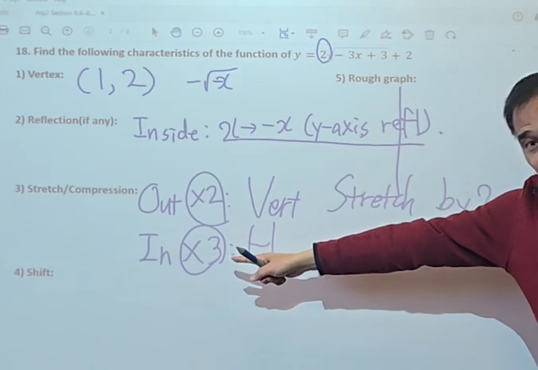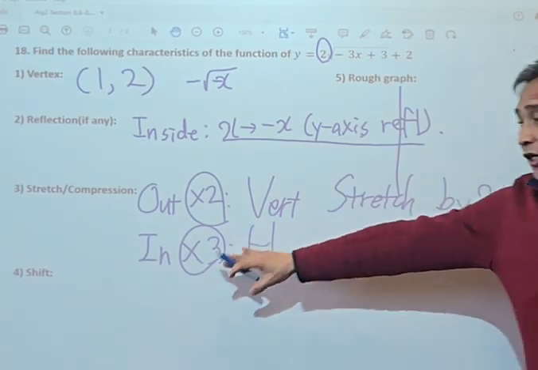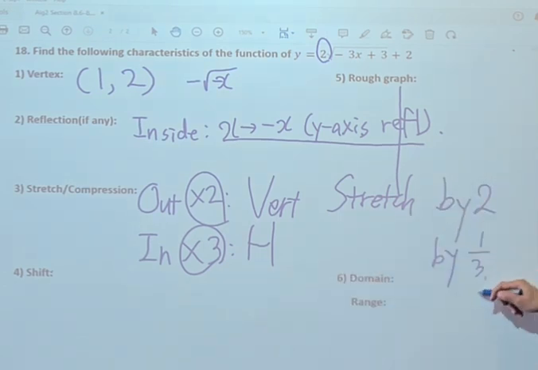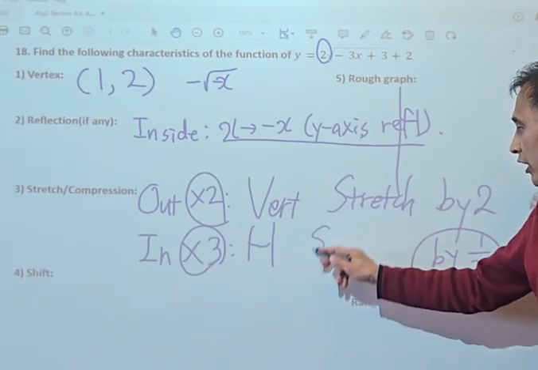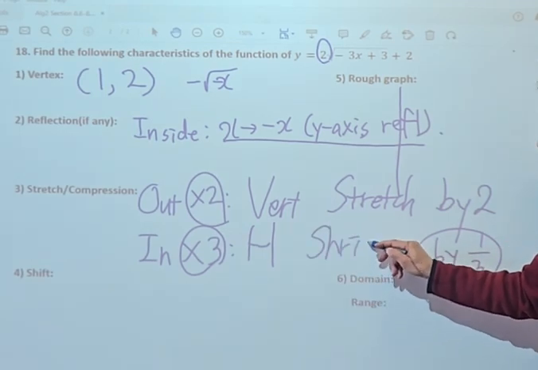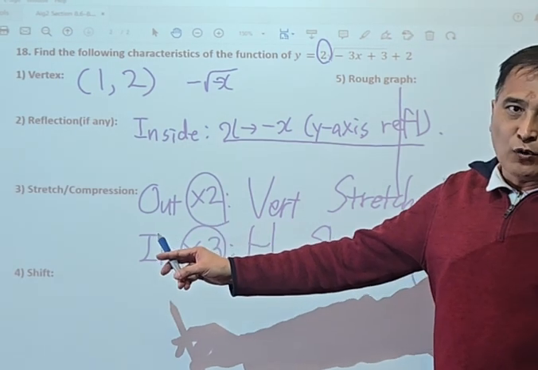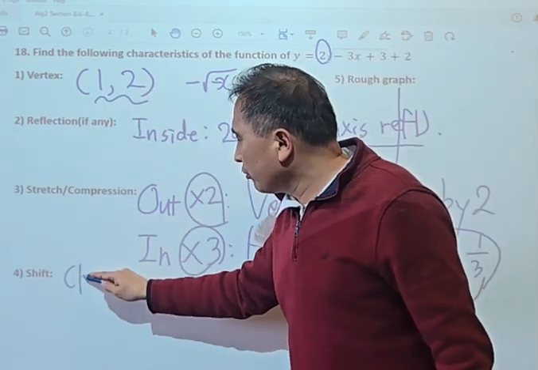So times 3 means the reciprocal, 1 over 3. That's smaller than 1, which means shrink. So it's a horizontal shrink by 1/3.